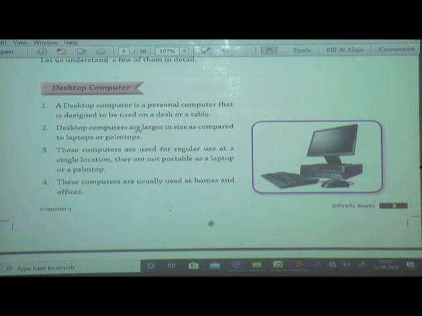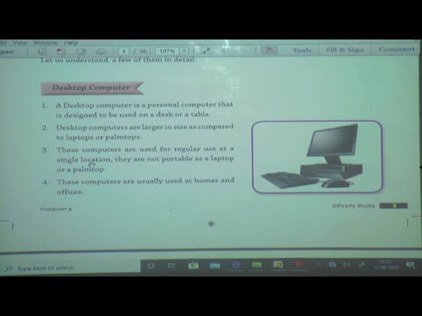Desktop computers are large in size as compared to laptops. These computers are used for regular use at a single location.